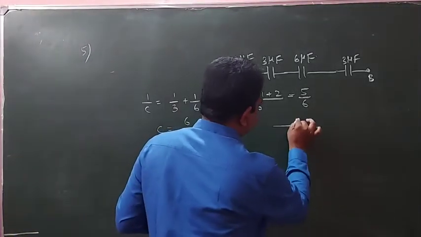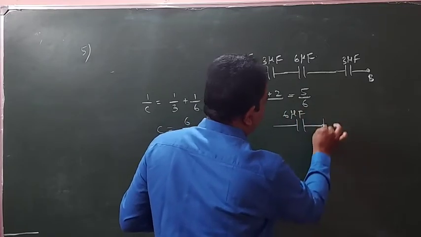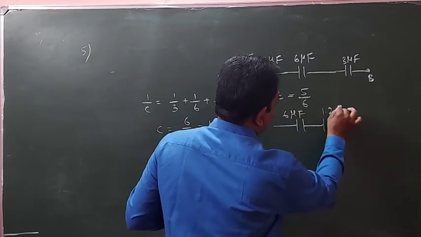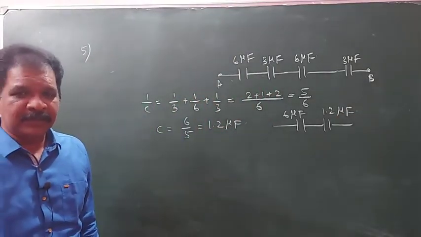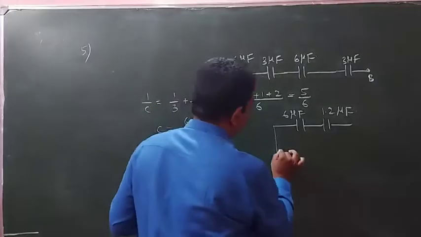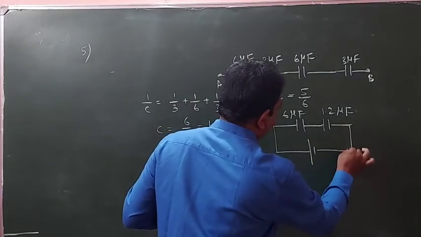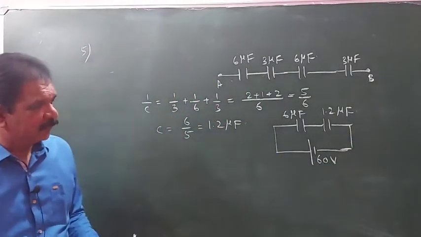So this is 6 microfarad. Keep as it is. By removing all of these, I can write a single capacitor having capacity 1.2 microfarad and a potential difference of 60 volt is applied across it.